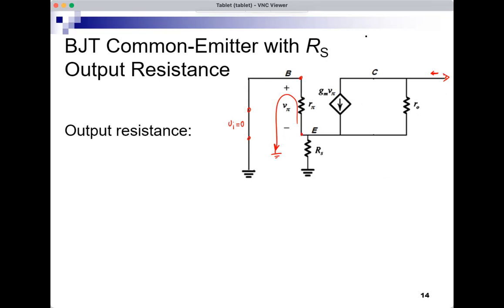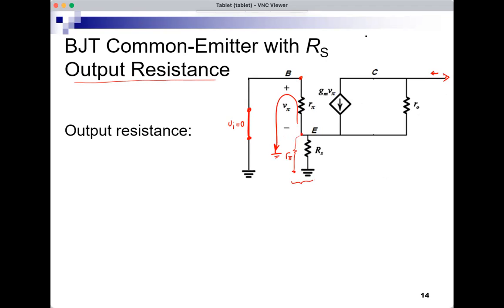So when I'm doing output resistance calculation and setting VI to 0, R pi becomes in parallel with RS, even though it's between emitter and base. But if I'm doing output resistance calculation and set VI to 0, R pi now appears in parallel with RS.